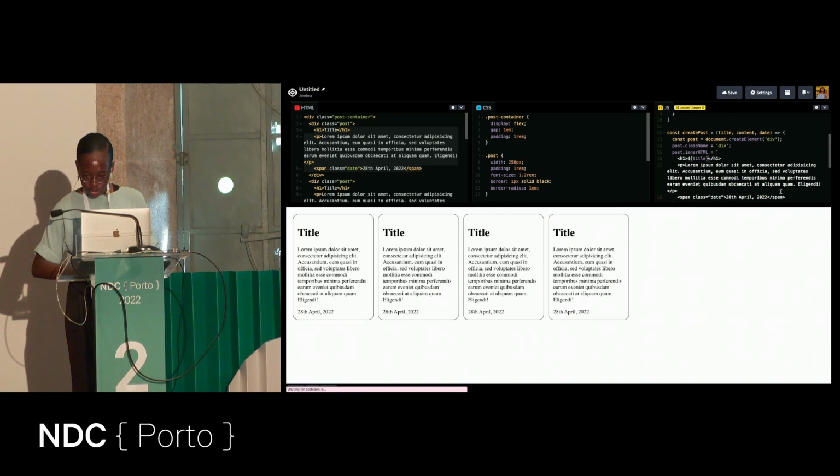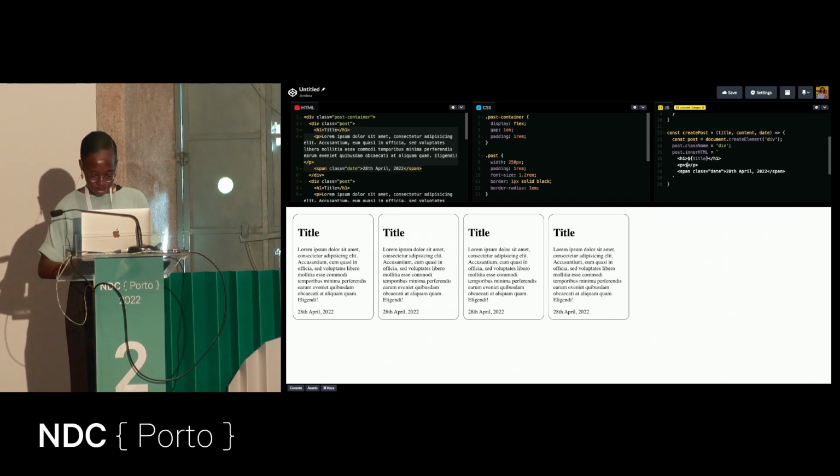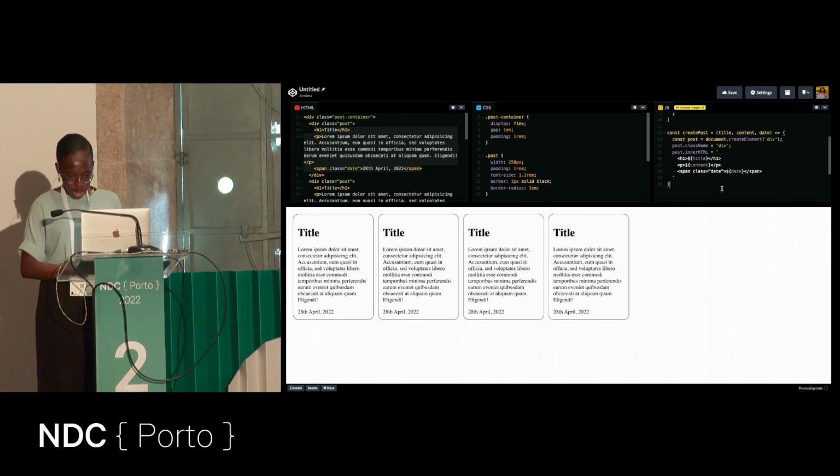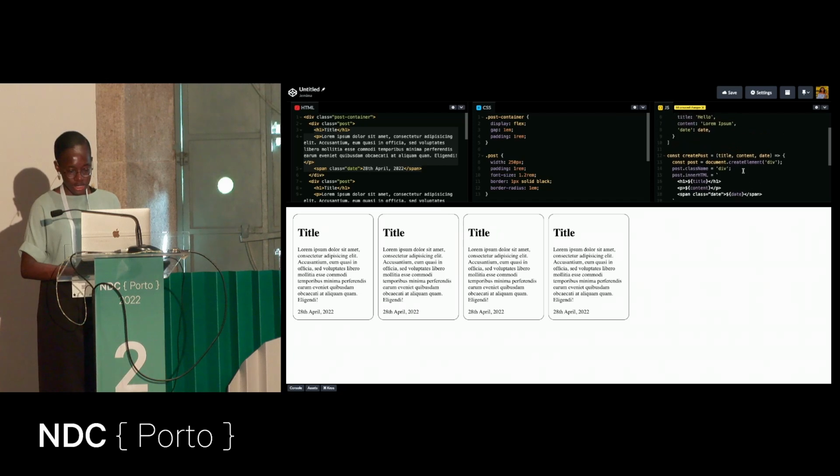Here we will have content. And then we'll have date. Okay. And so basically with this, we have created a post div, we've given it a class name, and we put the contents that we want inside here.